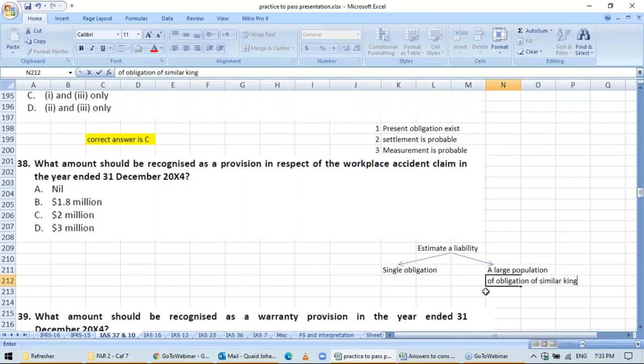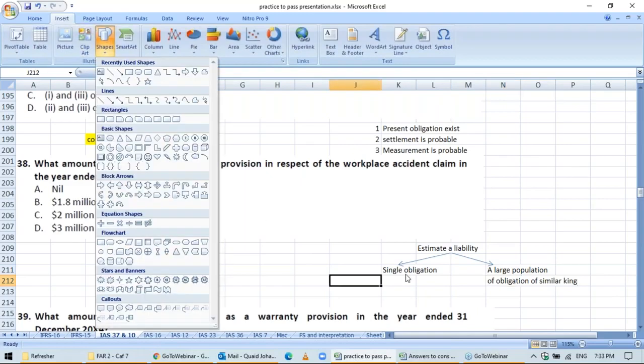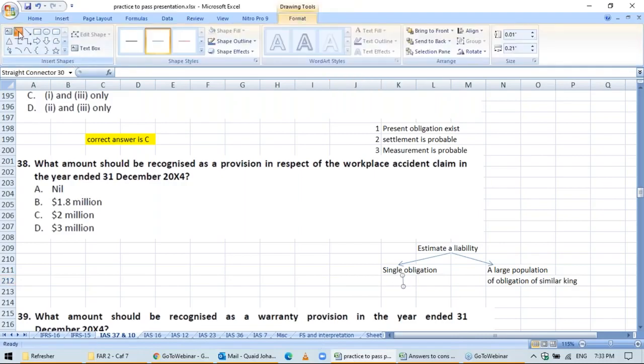In case of warranty, in this question, there are two situations.